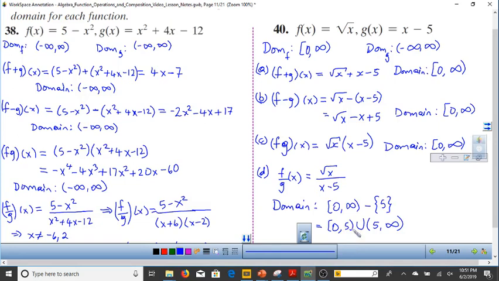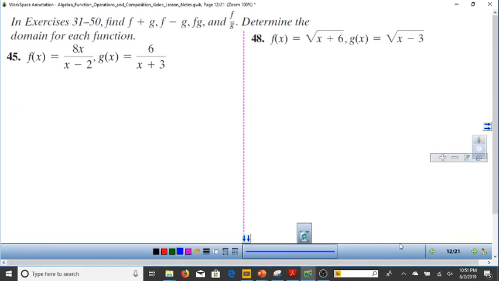Now let's move on to a few more examples here. I want to make sure we have a good number of examples. So we'll try these two examples and then go on to composition of functions. So we have the domain of f for number 45 is everything except for 2.